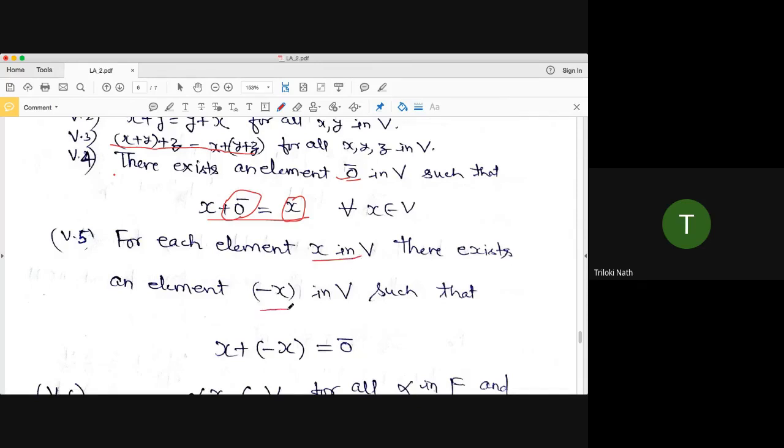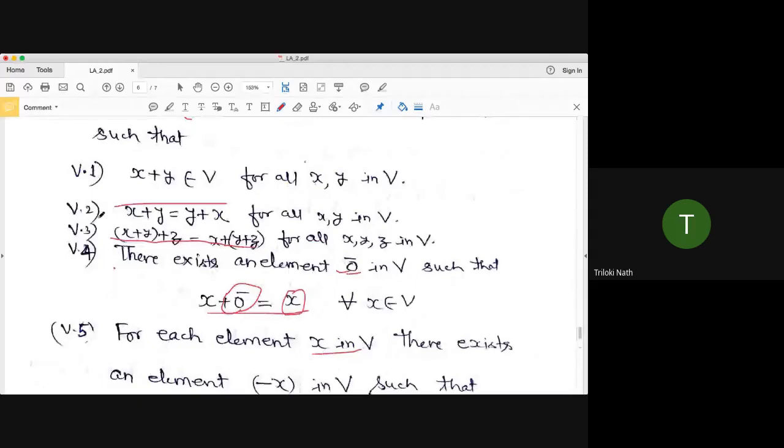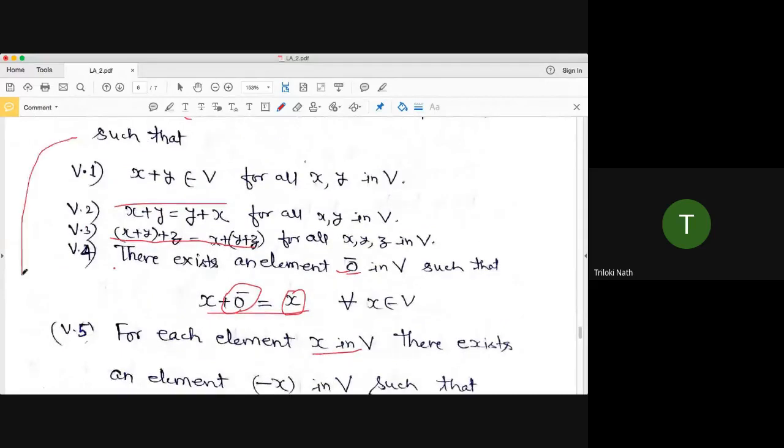So given any vector x in V, there is a vector minus x in V such that adding it to x gives you the identity vector, that is the 0 element of V. So what you see, V1, V2, V3, V4, V5 means V plus is an abelian group. From group theory, you remember this?